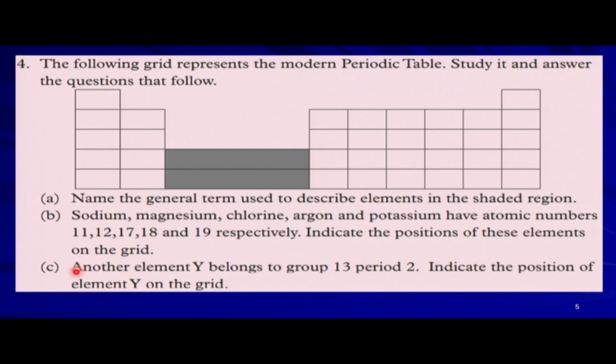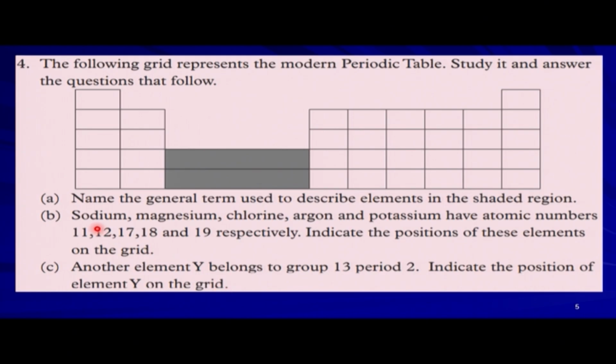And quickly we go to number C. I want to read B and C and give you some minutes to think about it before I give you the answers. You have to try also. And another element Y belongs to group 13 and period 2. Indicate the position of element Y on the grid.